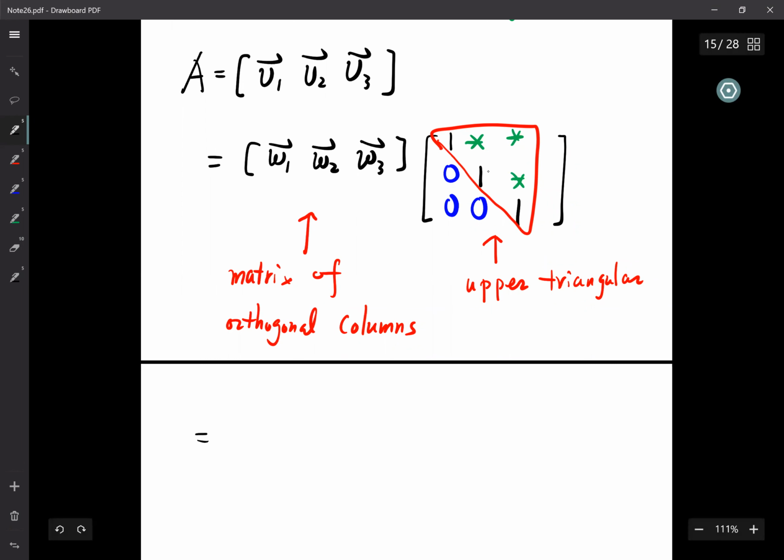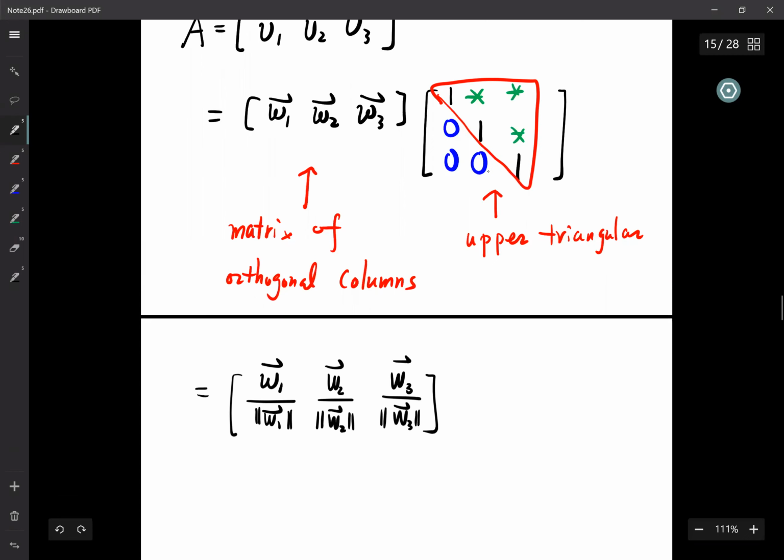QR is just a small modification of this. I want to convert the orthogonal columns into orthonormal columns. To do that, I only need to divide by the norm, by the length. But these numbers need to be compensated somewhere.